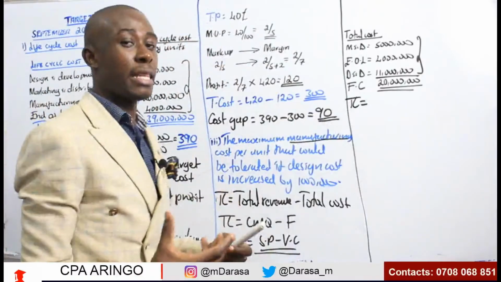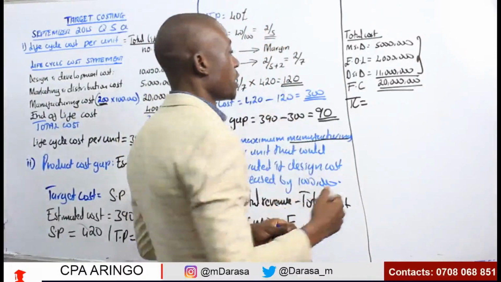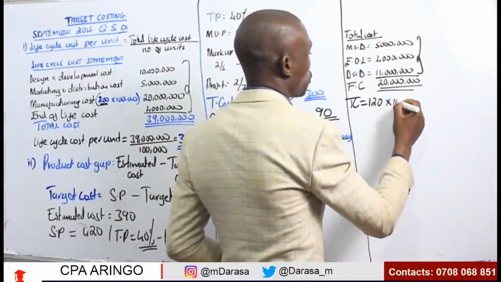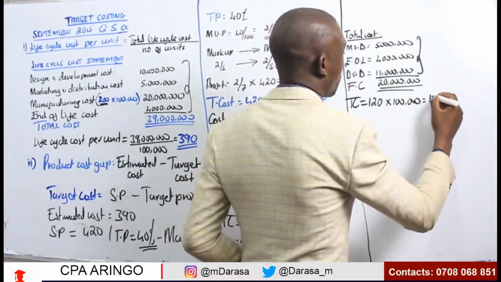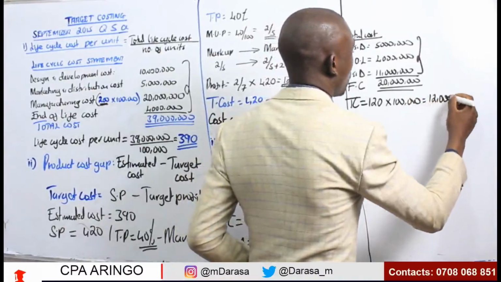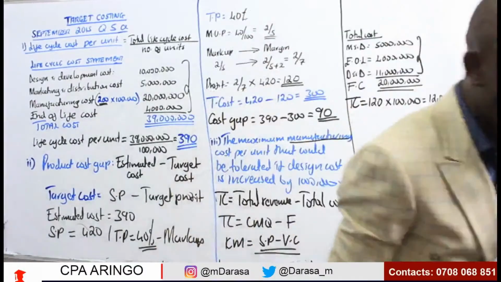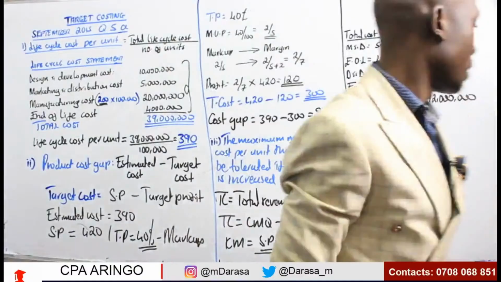For us to maintain that markup of 40%, we saw very well that our profit was 120 per unit. And how many units are we talking about here? We are talking of 100,000, to give us a profit of 12 million.